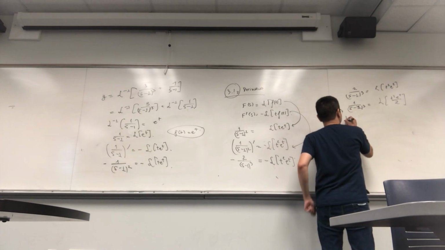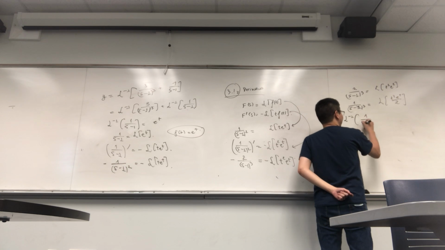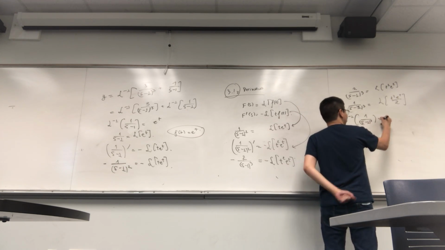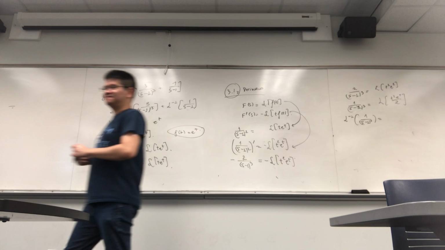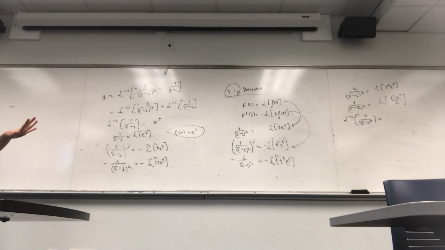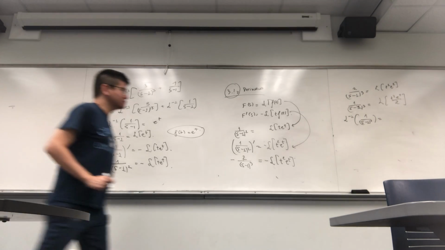So I have a function which is the Laplace transform of another function. What is the inverse Laplace transform of this guy? You'll just be taking an inverse Laplace transform of a Laplace transform, so the inverse will just be t squared times e to the t over 2.